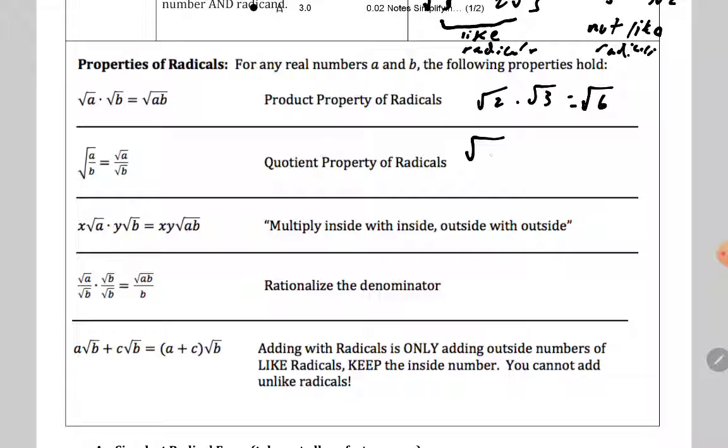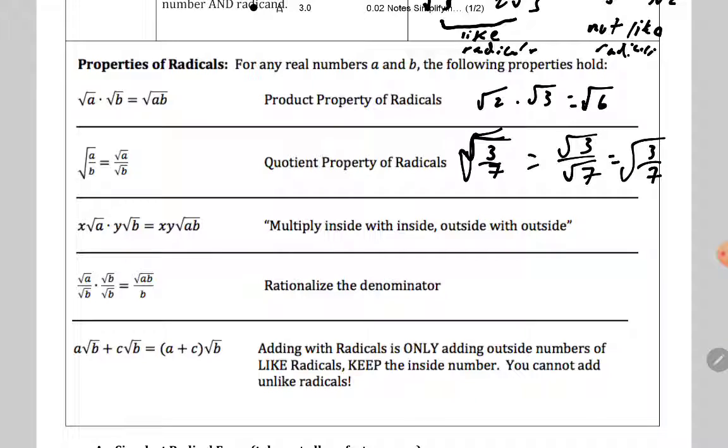So if I have square root of 3 over 7, that's the same thing as the square root of 3 over the square root of 7. And you can work backwards as well, which means if I started off with this, I could end up with this.